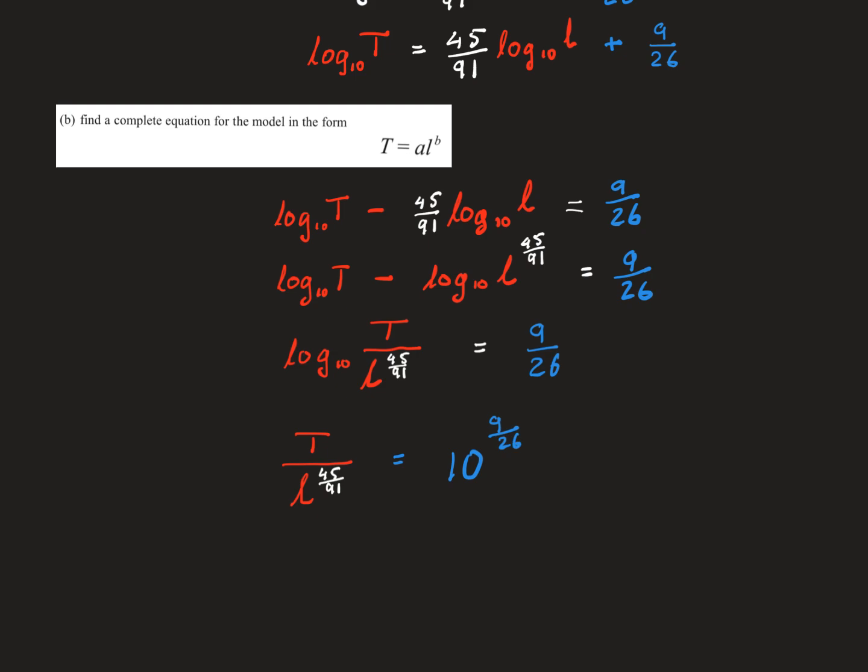And that means that t is equal to 10 to the 9 over 26 times L to the 45 over 91.